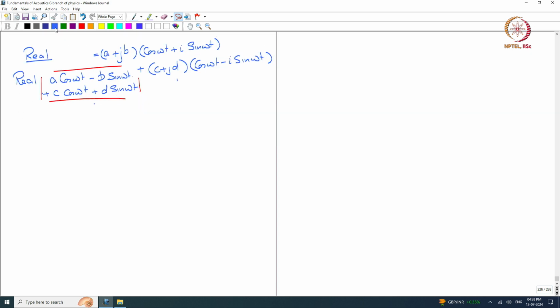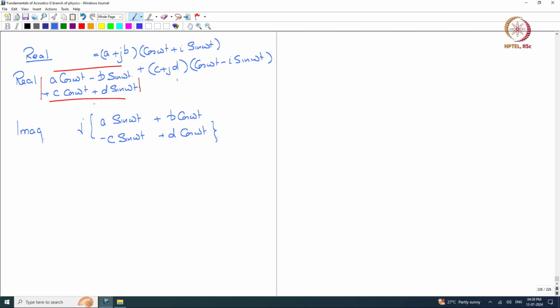Okay, so the imaginary part turns out to be j in front, A sin omega t plus B cos omega t minus C sin omega t plus D cos omega t.